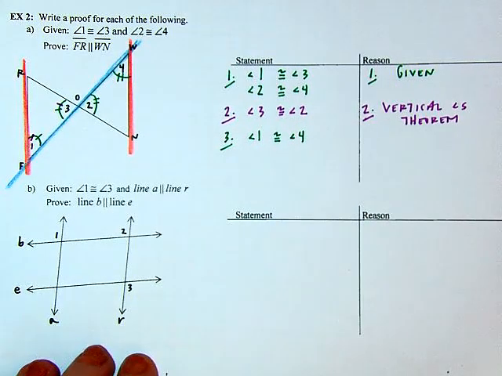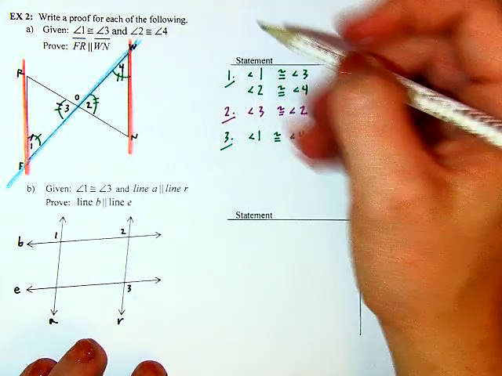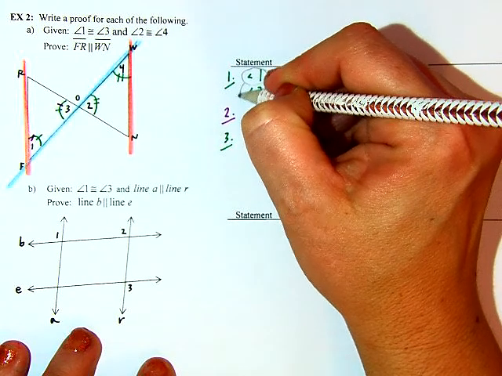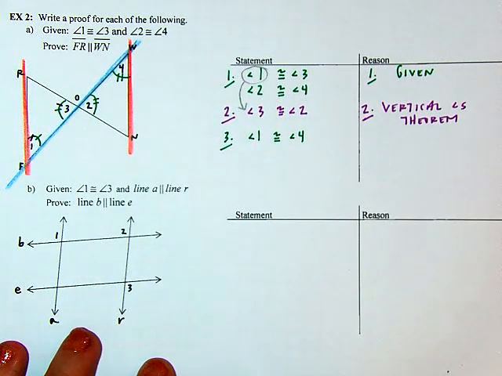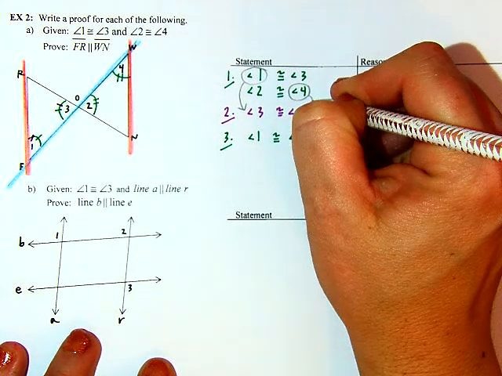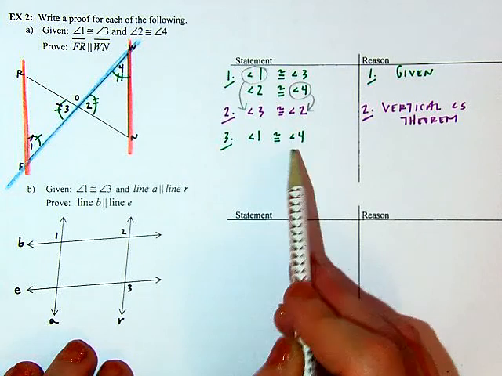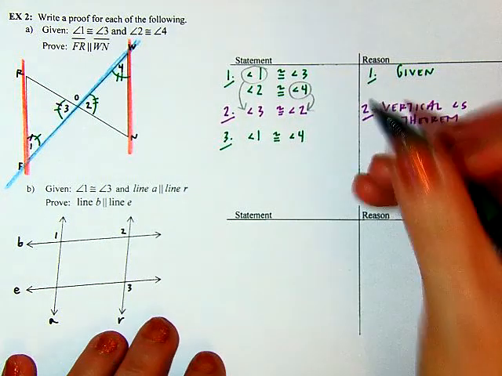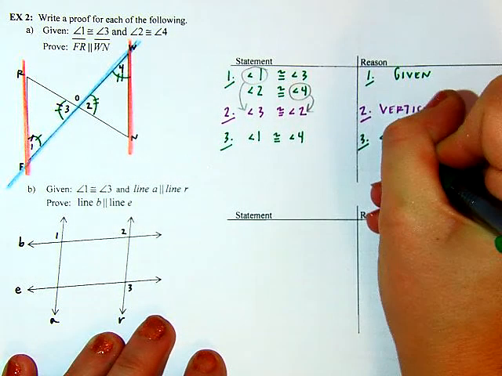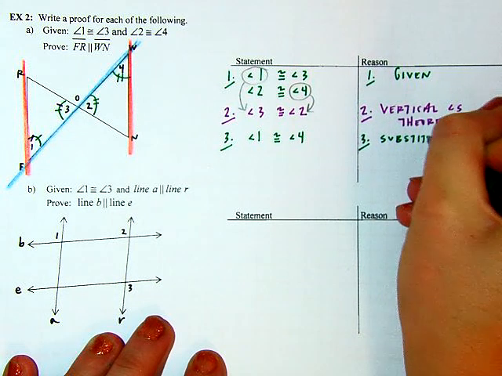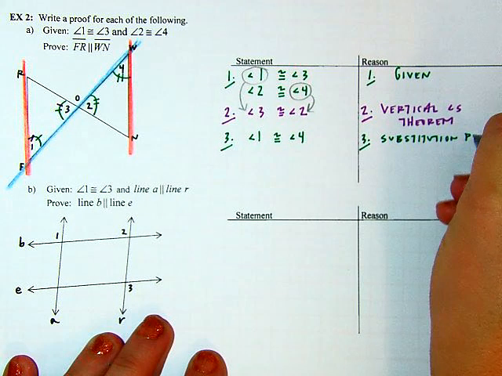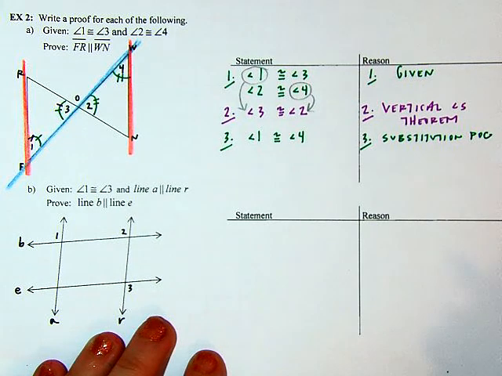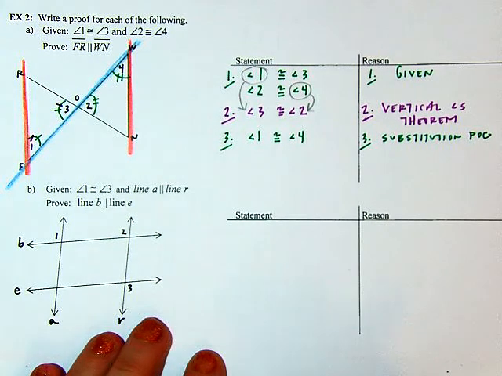So to make sure that you can see it as substitution, I can see that angle 1 could come right here and substitute in for the angle 3. And I can also see that angle 4 can come substitute in for this angle 2. So if I view it like this, I would say, oh, that's substitution. If you wanted to see it as a 3 or more chain, you could call it transitive. So I would take both of them. I initially said substitution, so I'll write substitution property of congruence, but I would also argue transitive. So I'm just going to leave it as substitution. It's what I said first.